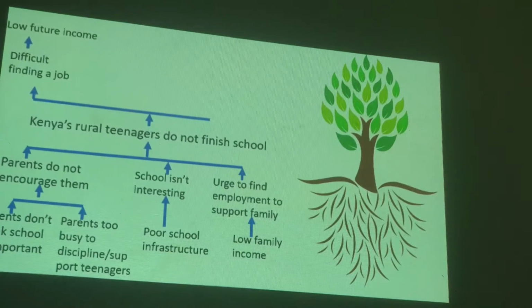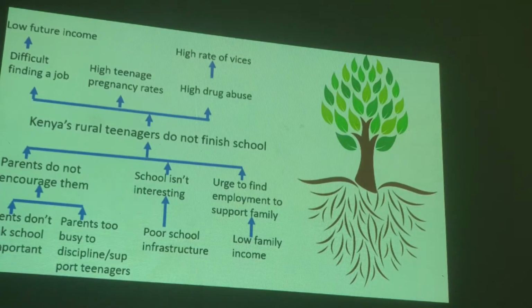And if this problem persists, then it will be difficult finding a job for those who have not finished school. And if that's the case, then there will be low future income. There can be high teenage pregnancy rates. There can be high drug abuse, leading to high rate of vices.